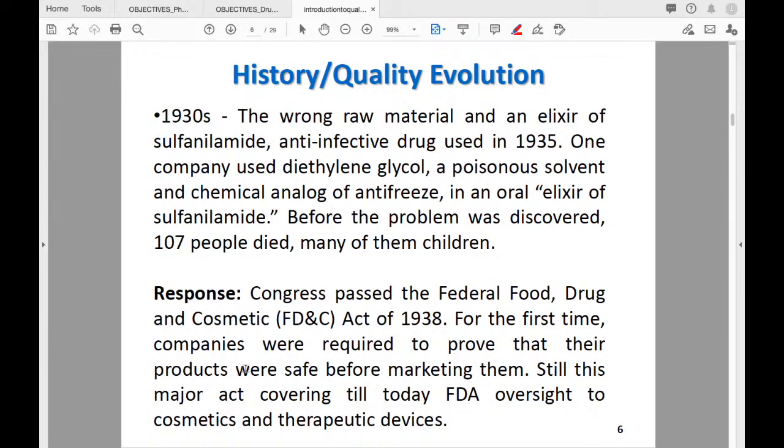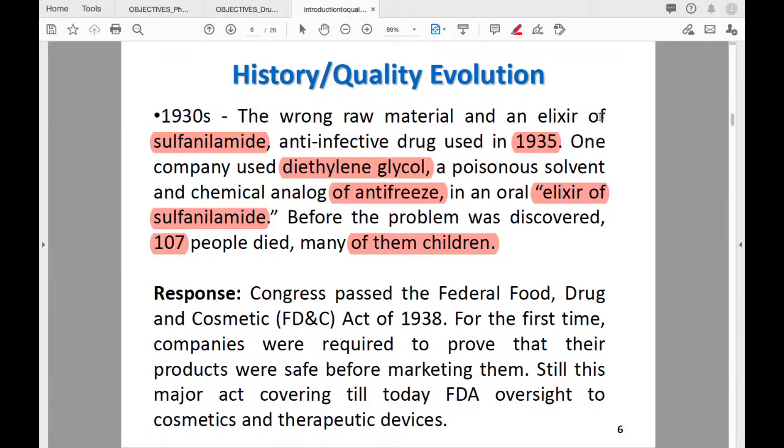Then in 1930s, the wrong raw material was used in an elixir of sulfonamide, an anti-infective drug, in 1935. One company used diethylene glycol, a poisonous solvent and chemical analog of antifreeze, in an oral elixir of sulfonamide. Before the problem was discovered, 107 people had died, and many of them were children.